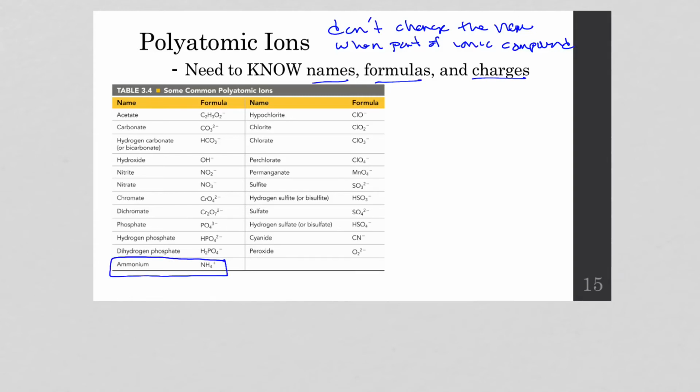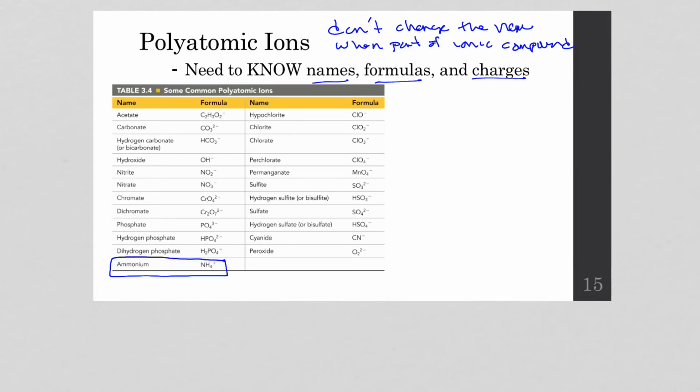So they're going to be the second part of our name, right? We're going to name the anion. And we've traditionally changed the name of the anion to IDE, right? And we do that with atomic ions. But we do not do that when we're doing polyatomic ions, right? If the name is nitrate, well, we use the name nitrate. Now, I will point out that there is one positive polyatomic ion that would replace the metal in an ionic compound, and that is the ammonium ion.